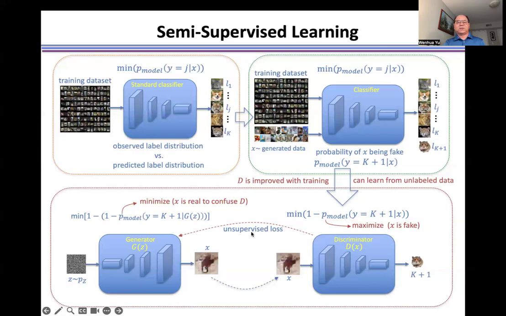And then we use the unsupervised loss to improve the generator to generate a better X until this unsupervised loss is smaller than a specified criterion. And then we jointly train the classifier using supervised learning, and train this part in unsupervised learning.